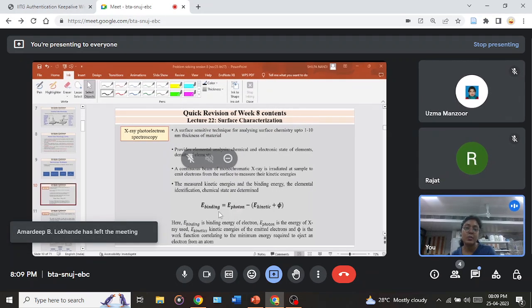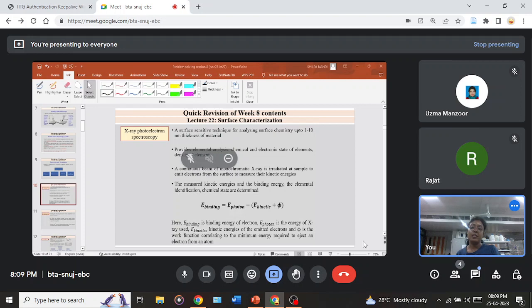E binding is equal to E photon minus E kinetic minus phi. What is this phi? It is the minimum energy required to eject an electron from an atom. So we are subtracting this minimum energy as well as the kinetic energy from the energy of the photon to get the binding energy.